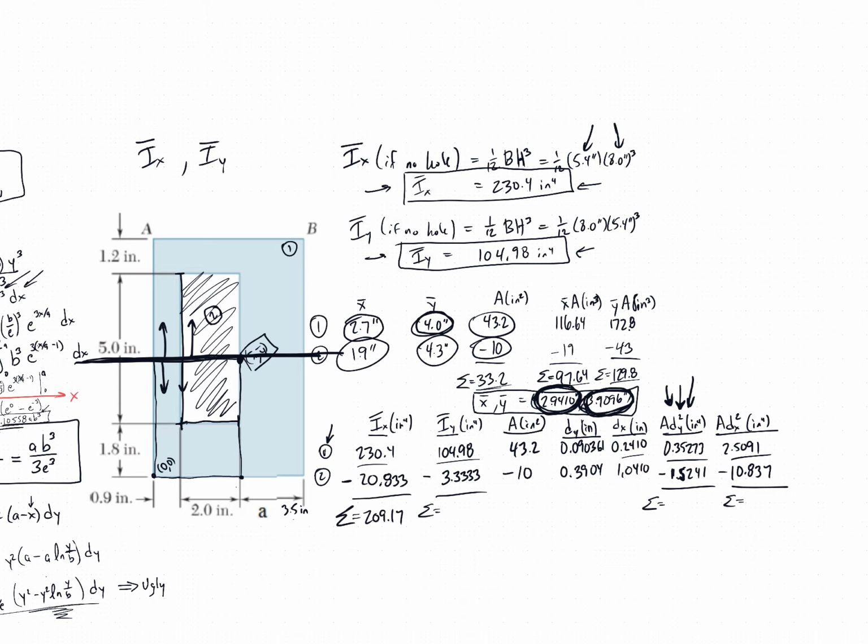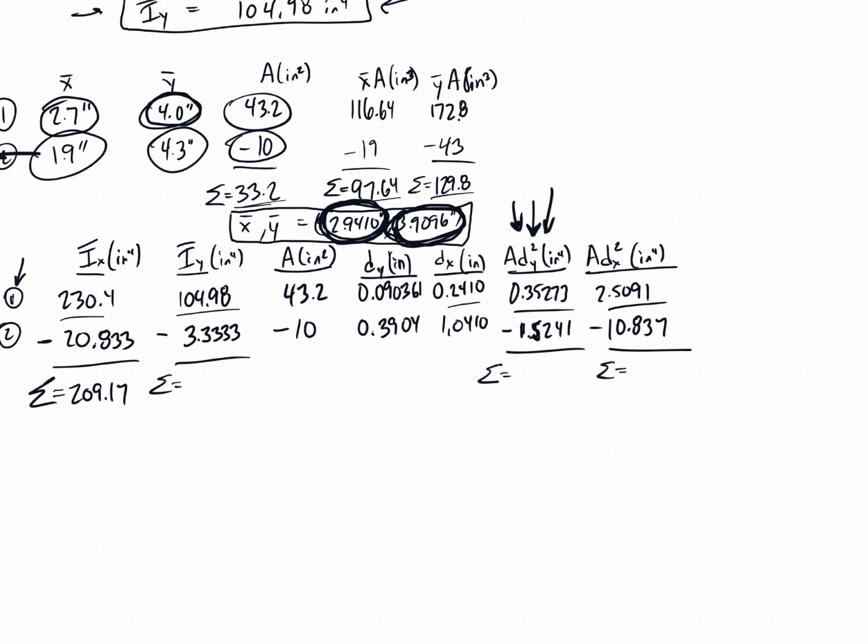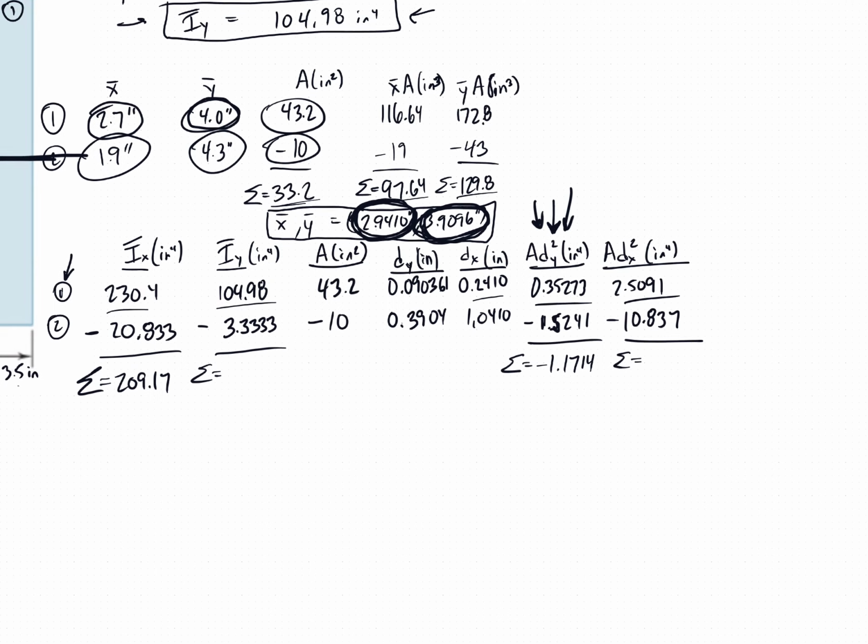So we're going to do 0.35273 minus 1.5241 equals, it's going to be negative 1.1714. Okay, so we're going to combine these two right here by just adding them together.